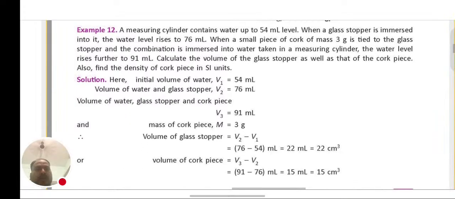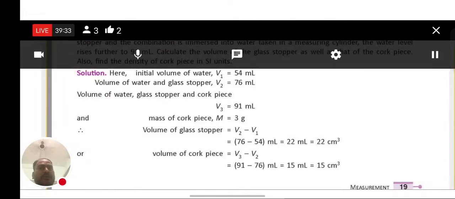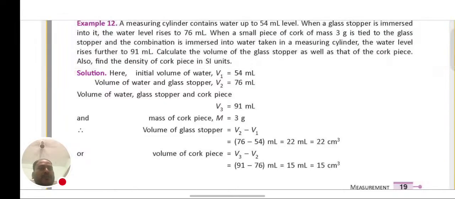Example 12: A measuring cylinder contains water up to 54 ml. When a glass stopper is immersed into it, the water level rises to 76 ml.